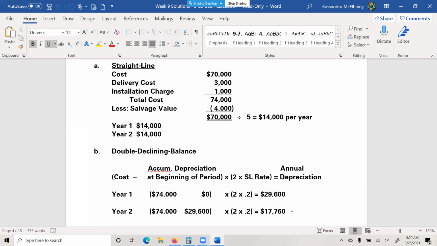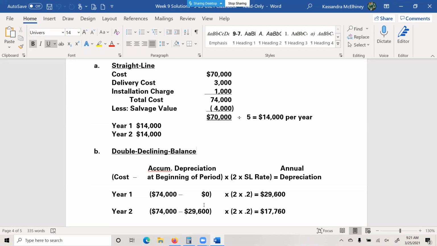So our year one depreciation: $74,000 asset cost minus 0 accumulated depreciation times 2 times the straight line rate. The straight line rate was expressed as a decimal of 0.2, which is 1/5. So if you wanted to express 2 times the straight line rate as a fraction, you can say it's 2/5.